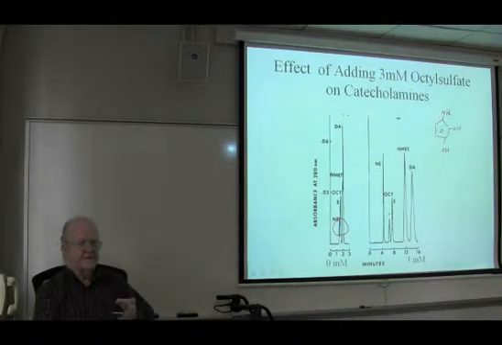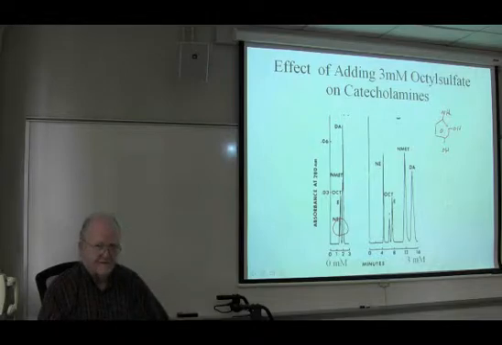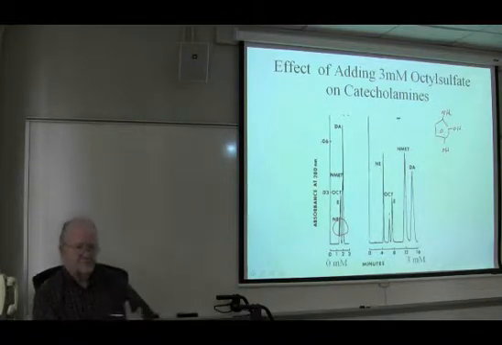This is the retention you'll see in essentially 100% water. They're essentially unretained. If you add organic mobile phase, the retention is going to go down even a little. There's not much you can do. You can change the pH and screw around, but you're not going to get these compounds to be retained.